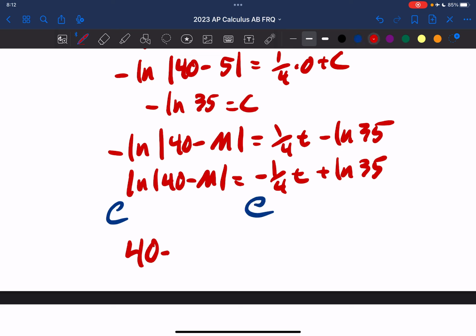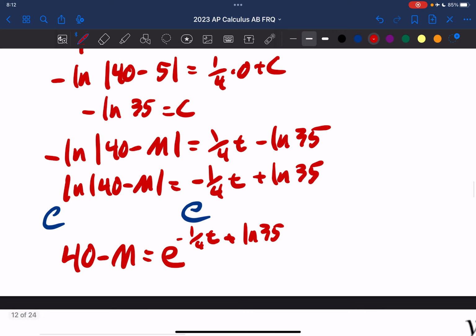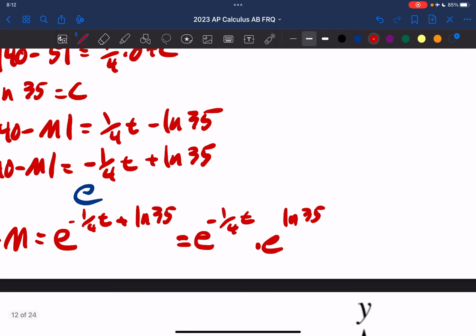So we have 40 minus m equals e to the negative 1/4 t plus ln 35. Now let's remember our rules for exponents. We can break this up, e to the negative 1/4 t times e to the ln of 35, and the e and the ln will cancel.